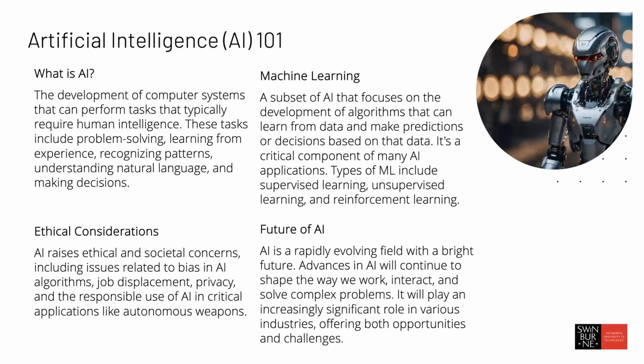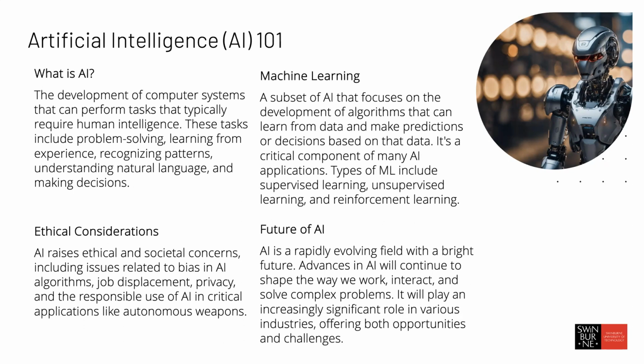We have seen that computer or IT technologies perform a lot of problem-solving tasks. For example, computer systems can learn from our past experiences. They can recognize patterns. They can even understand natural languages, process images and videos, and help us to make better decisions.